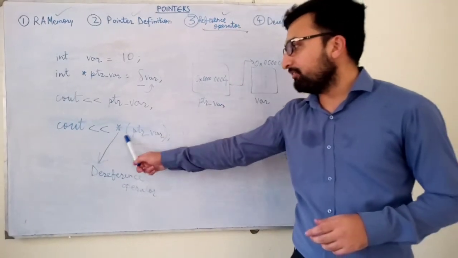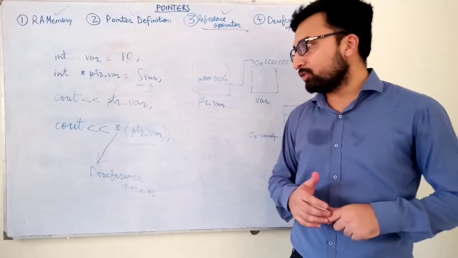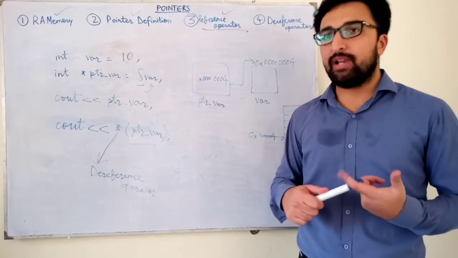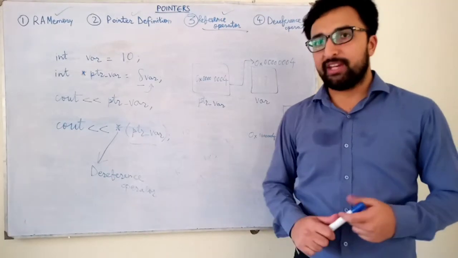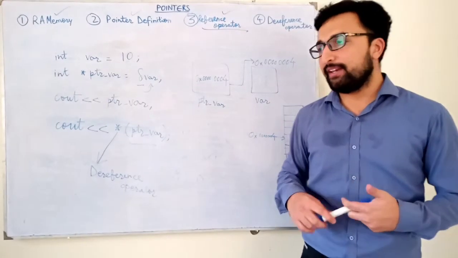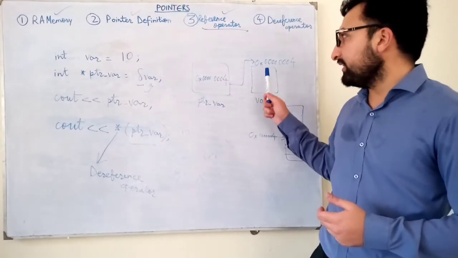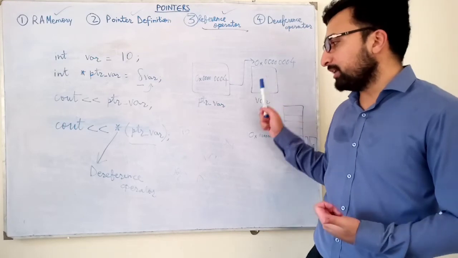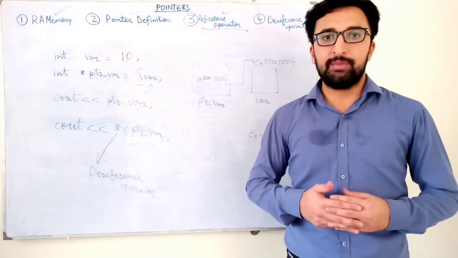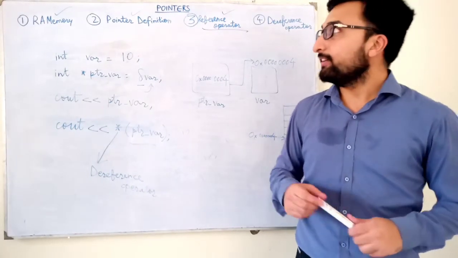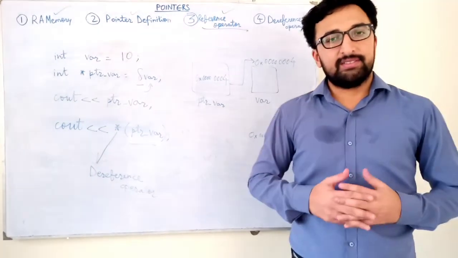And then at the end we saw how the dereference operator can be used to access as well as manipulate the data that is being pointed to by a pointer variable. So we can go to that address and access this value as well as manipulate that value with the dereference operator. So that's pretty much it from the introduction to pointers session. So that's it.